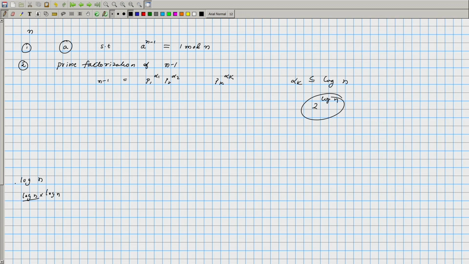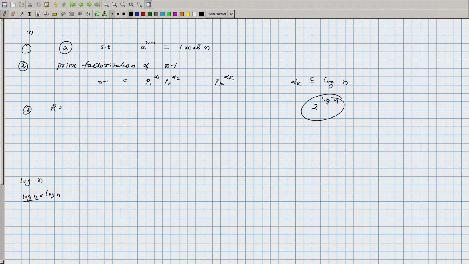So, these are the two parts, and then we need to have a box which will basically be a recursive call, which certifies the primality of each pi. So, recursive certificates for primality of each pi.